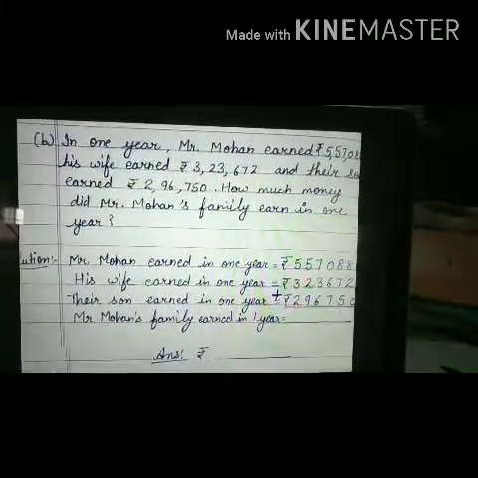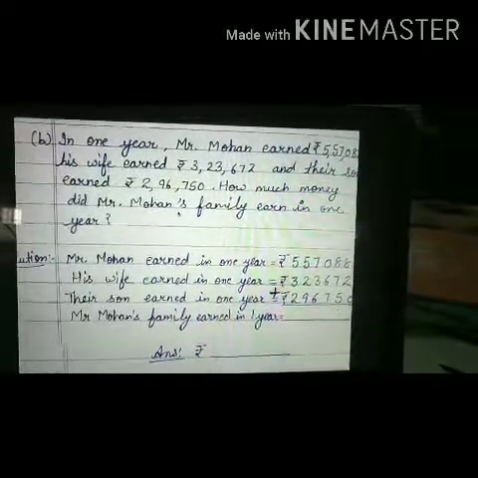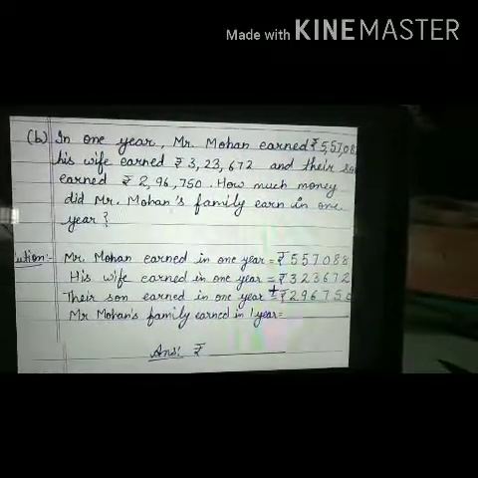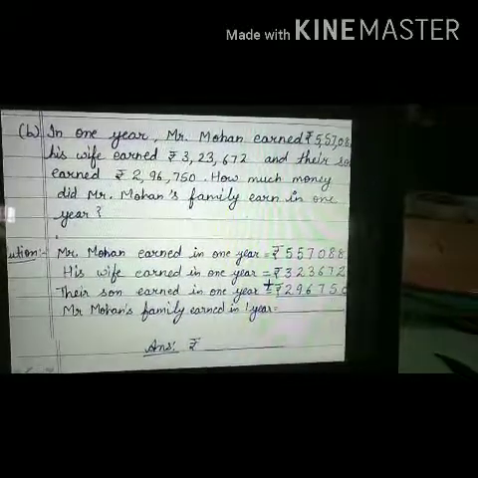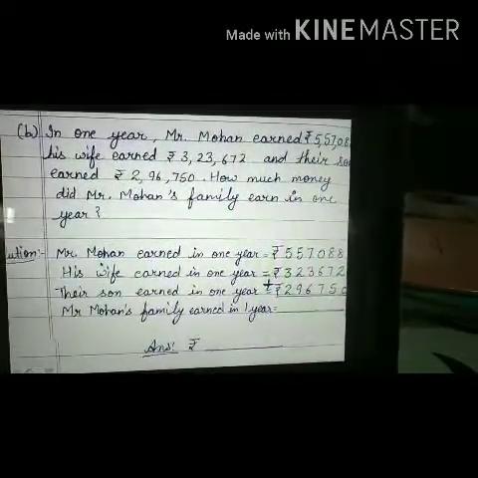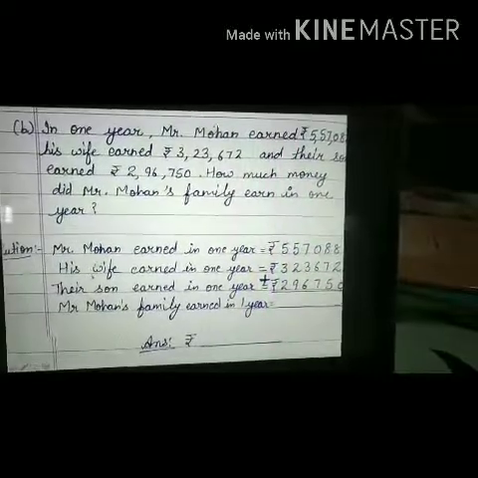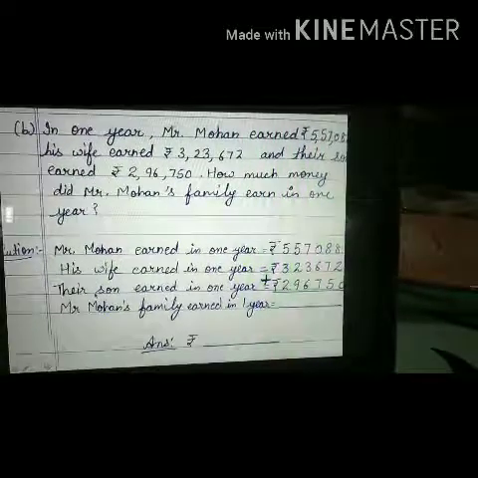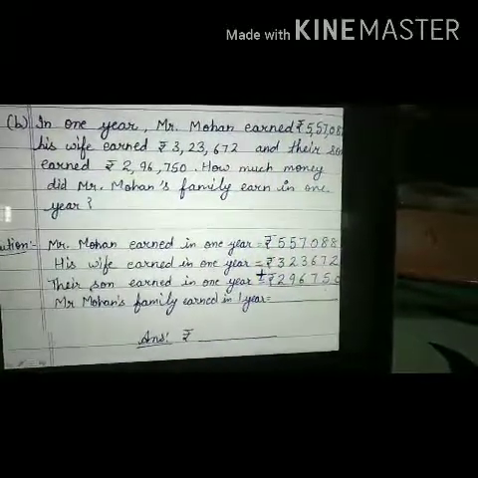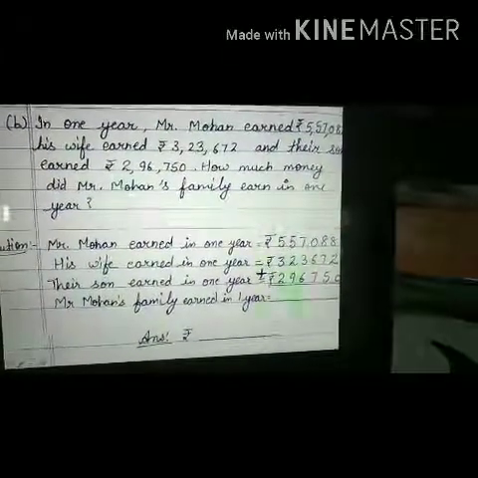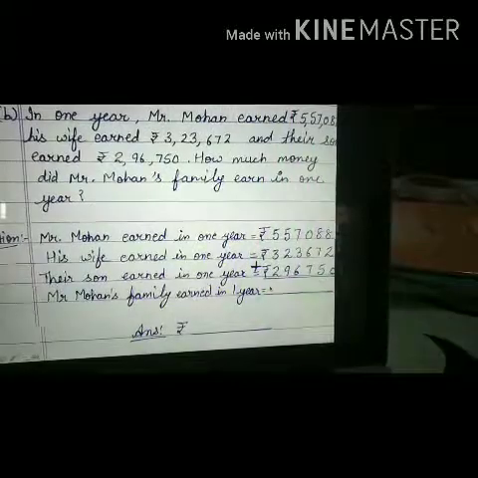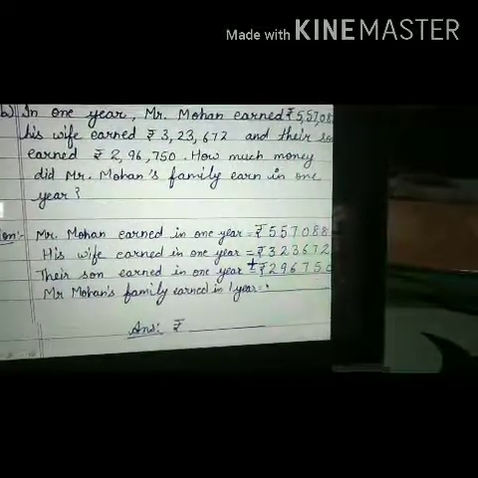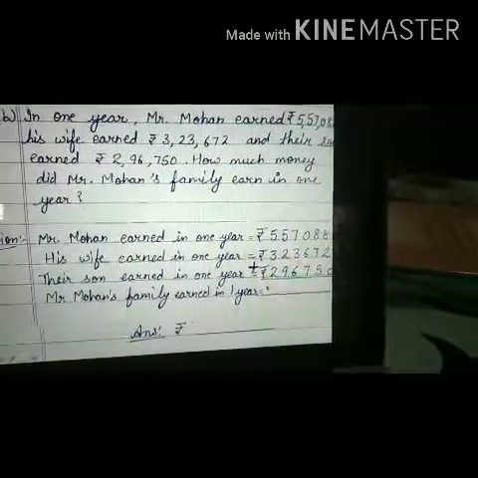How much money did Mr. Mohan's family earn in 1 year? So, we have to add Mr. Mohan's earning, his wife's earning and their son's earning in 1 year, and after adding them, the sum will come as the answer. So, you will do it yourself.